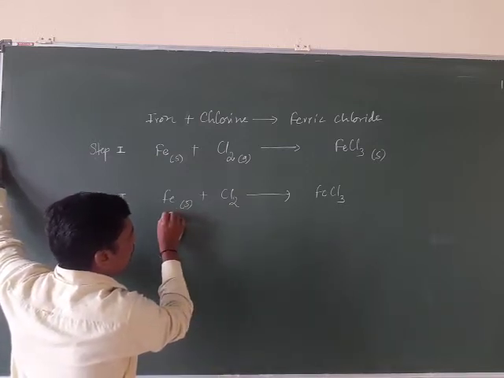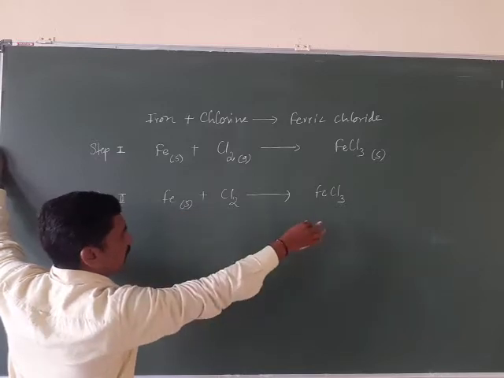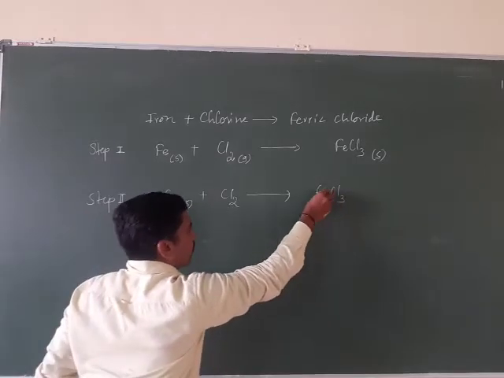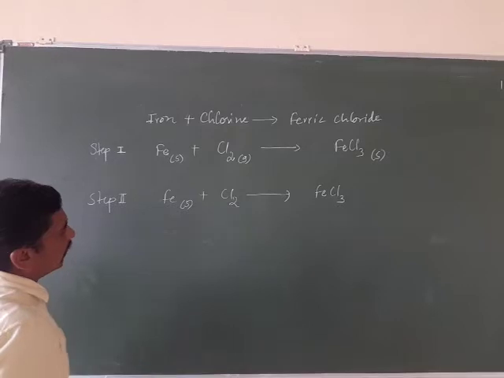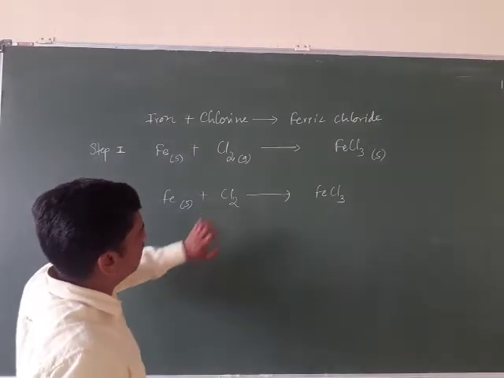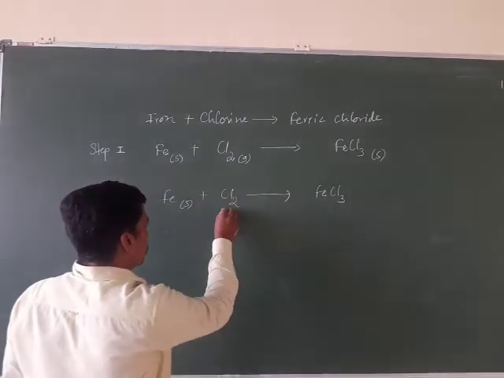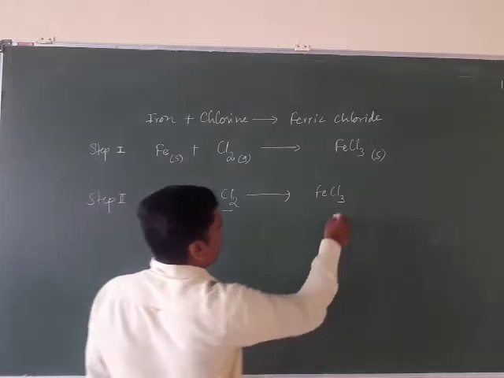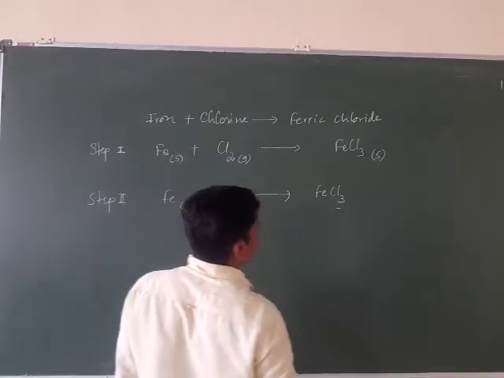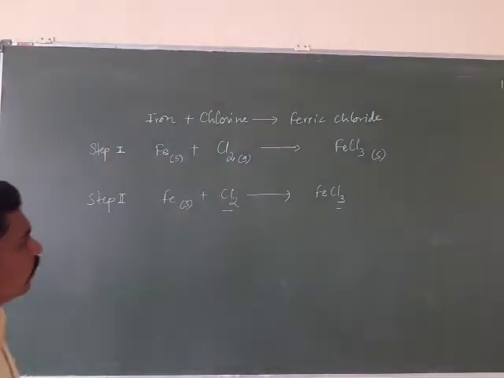On the left hand side one iron is there, on the right hand side there is one iron, no problem. But on the left hand side there are 2 chlorine atoms, and on the right hand side 3 chlorine atoms. So we have to balance the chlorine first.